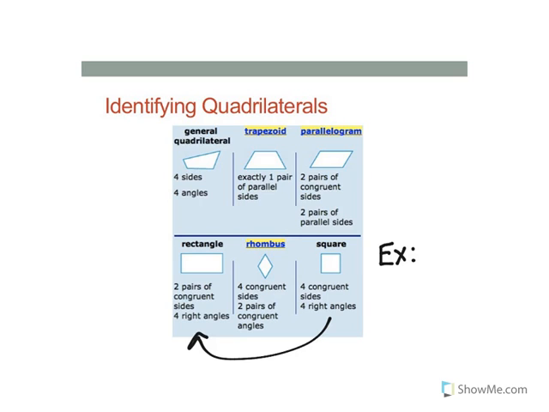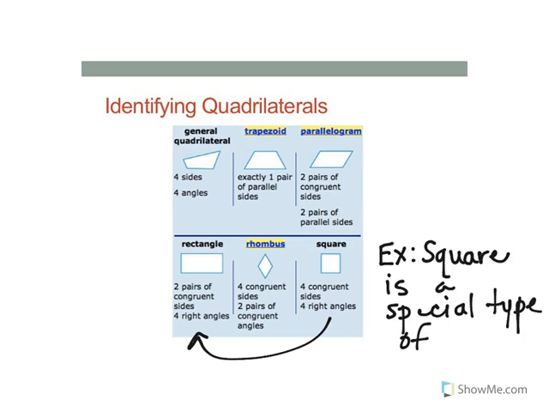So in some of these cases, and you'll see in our examples, a shape can be more than one type of quadrilateral. So just an example to think about, and one that is a common misconception, is that a square is a special type of rectangle.